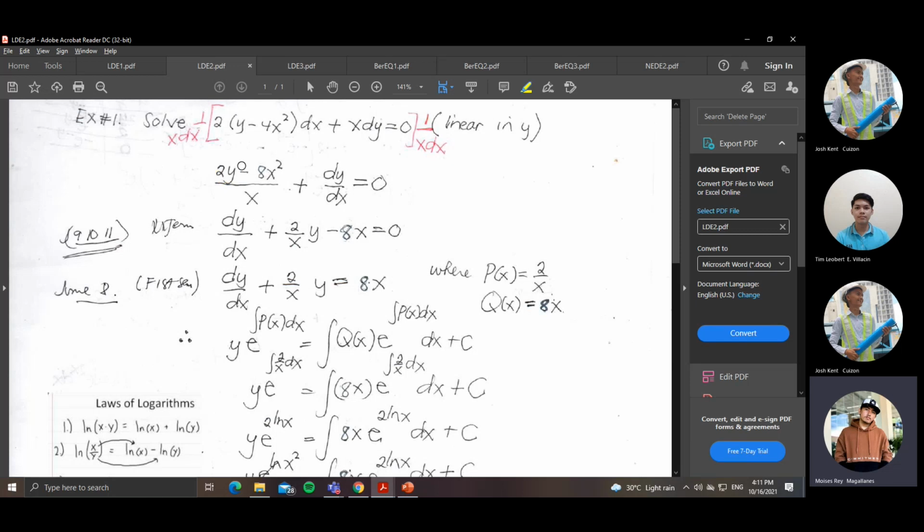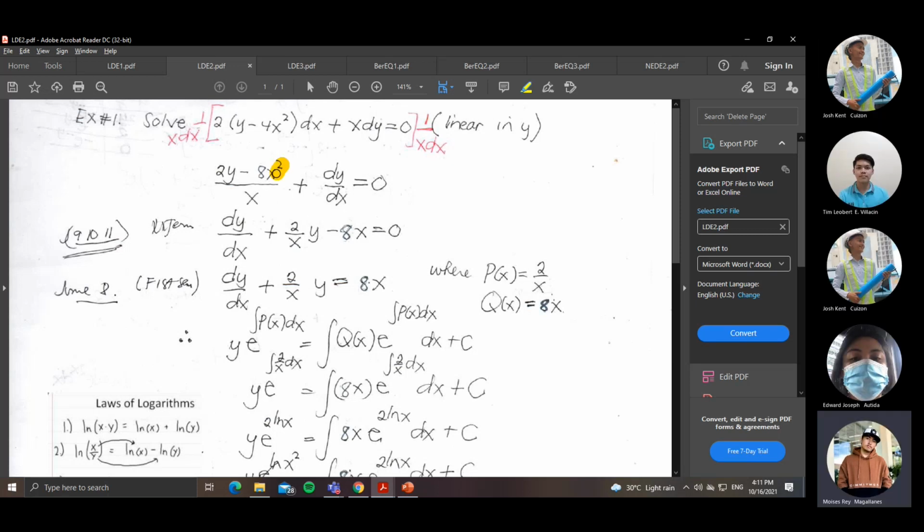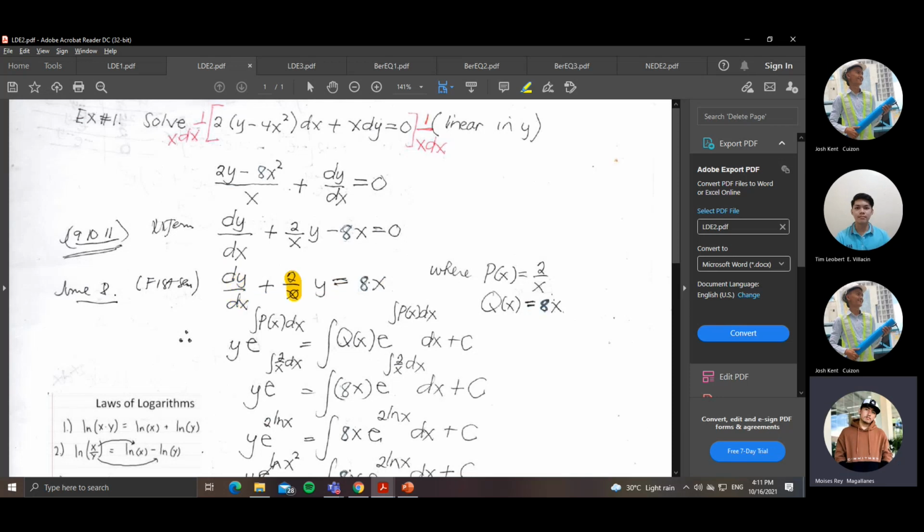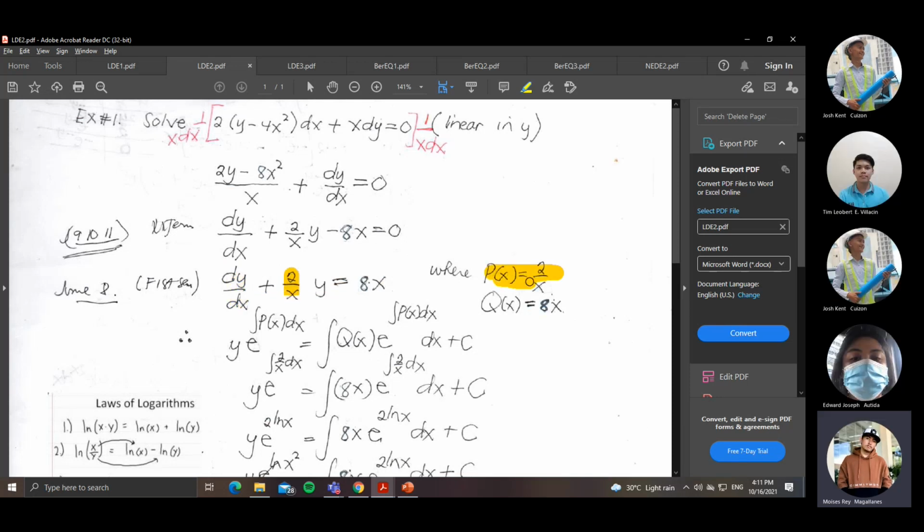We separate it: dy over dx first, then 2y over x, or 2 over x times y, minus this. The x cancels, leaving x on top, so minus 8x. Then we transpose, and here we have our standard form. This is our dy dx, this is our p of x, and this is our q of x.